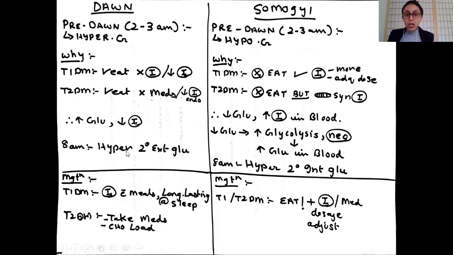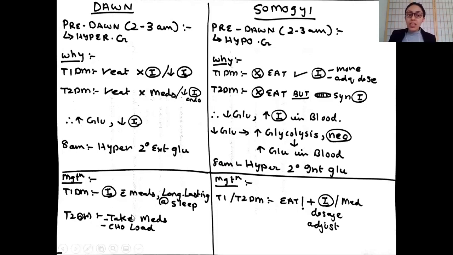Whereas over here, hyperglycemia is because of external glucose, because of the food which you have eaten, but less insulin. Over here, hyperglycemia is because of internal glucose, meaning a high amount of glucose which is produced in your cells in your body to combat the hypoglycemia which you experienced in the early morning times.